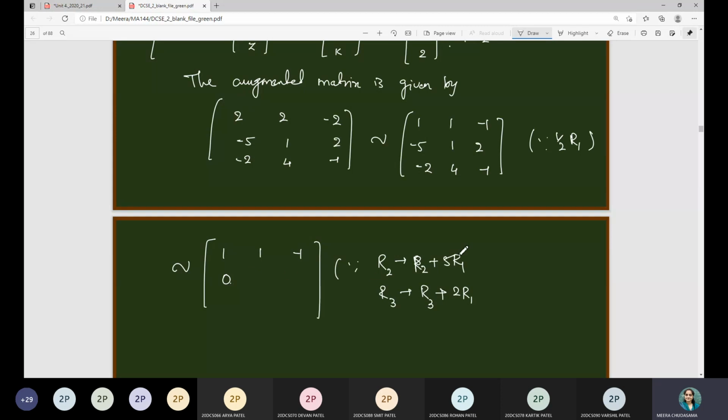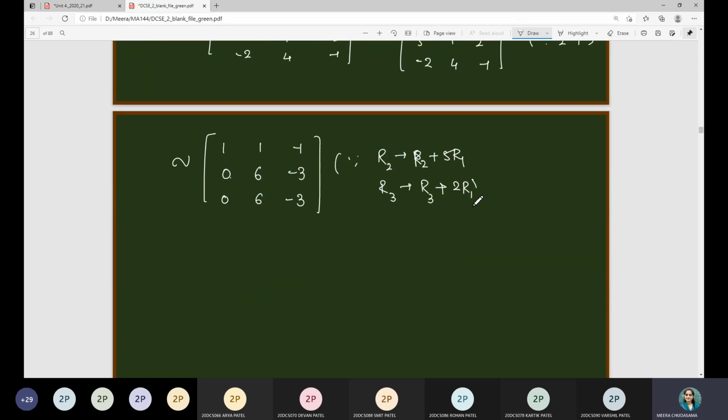So this will become 0. Then 5 R1 plus 1, so it is 6. 5 R1, so minus 5 plus 2, so minus 3. Then when I multiply the first row with 2, 2 minus 2 is 0, 2 plus 4 is 6 again, and minus 2 minus 1, so it is minus 3. So you can write the next equivalent matrix as 1, 1, minus 1, 0.